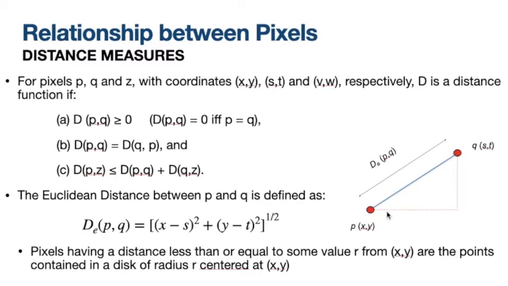That means if you have to find a pixel with a distance measure r from (x, y), there can be many points within the radius r centered at (x, y) with the distance measure less than or equal to r.